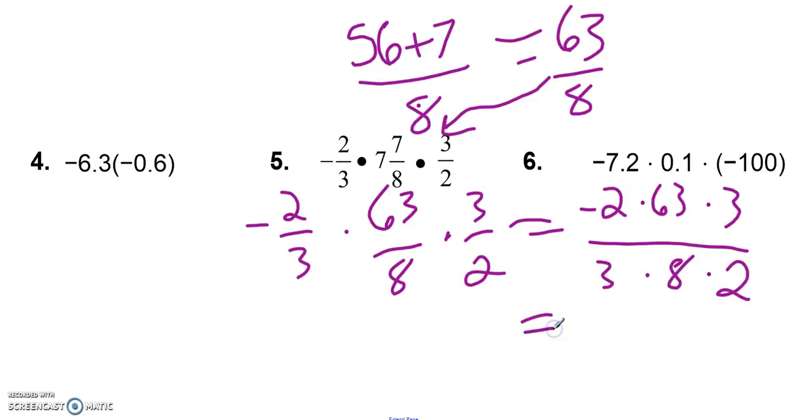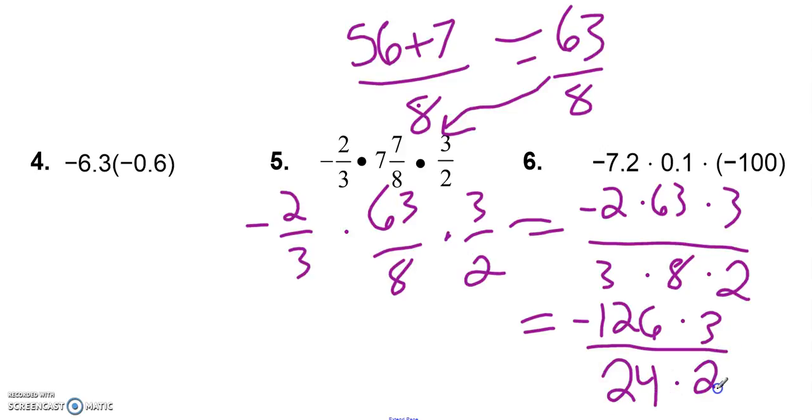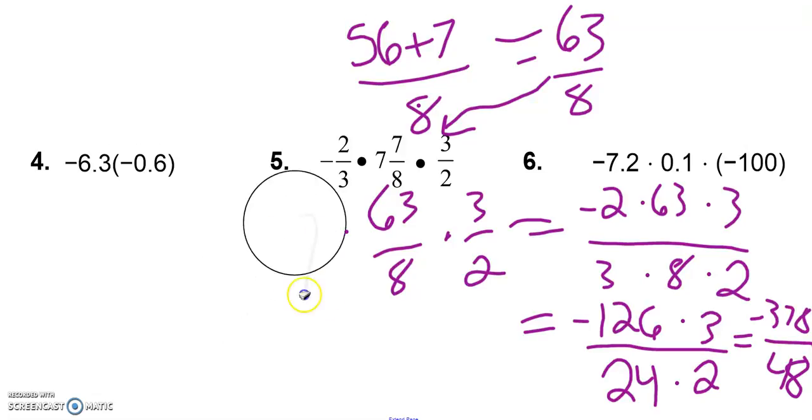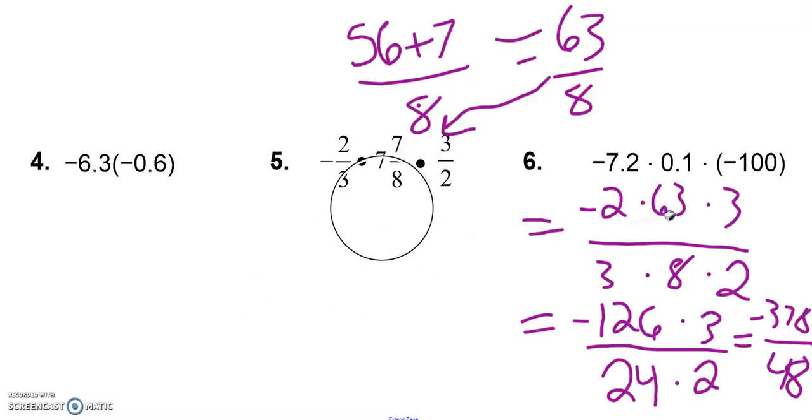So that equals -126 times 3 and then 24 times 2. That equals -378 and then over 48. I'm going to erase all of this just because it's getting so cluttered.